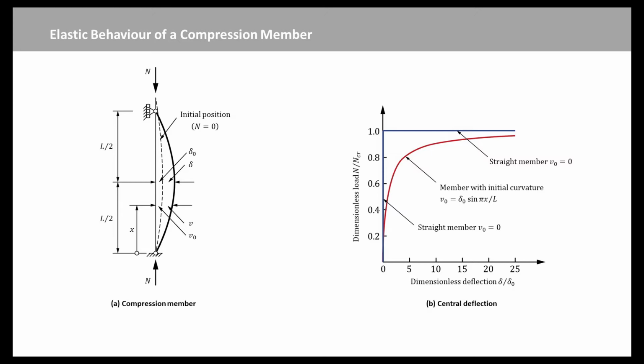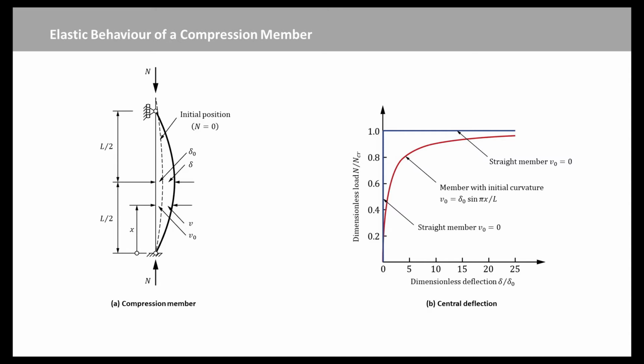The compressive stresses on the concave side of the member also increase until the member fails due to excessive yielding. This bending action is accentuated by the slenderness of the member, and so the resistance of a compression member decreases as its length increases.